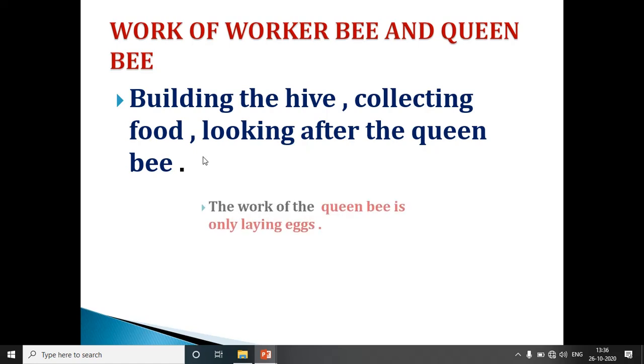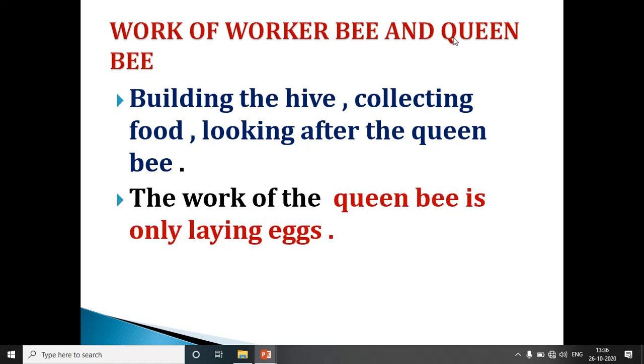Now we will see the work of the queen bee. We know that there is only one queen bee in the beehive, isn't it? So what is the work of the queen bee? The work of the queen bee is only laying eggs. The queen bee will lay only eggs.